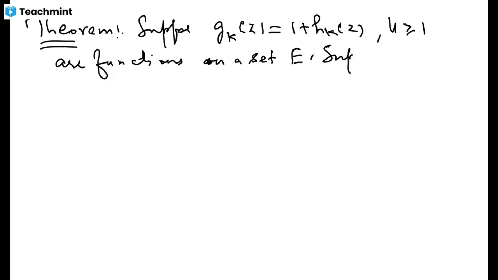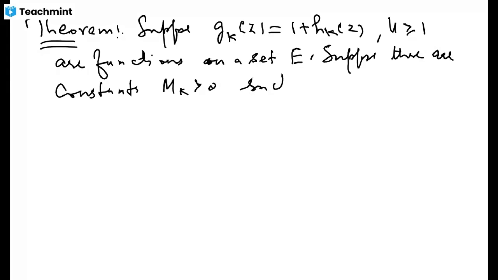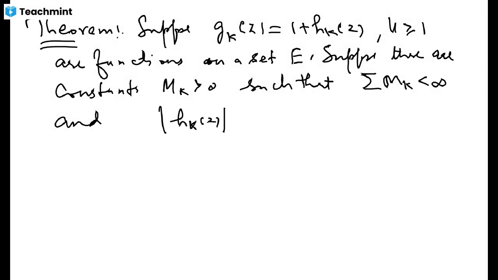And further, we suppose there are constants M_k, each constant positive, such that the series formed out of these constants is convergent, and each h_k is bounded by the corresponding constant M_k for each z in E. This is the hypothesis.